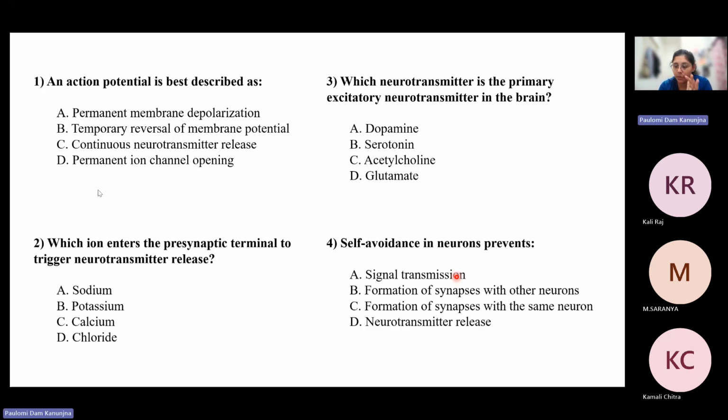Triple C A. Anyone else? Anyone? It's easy, right?